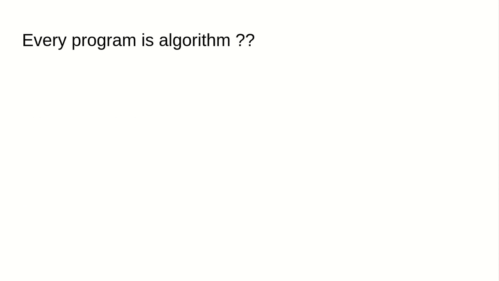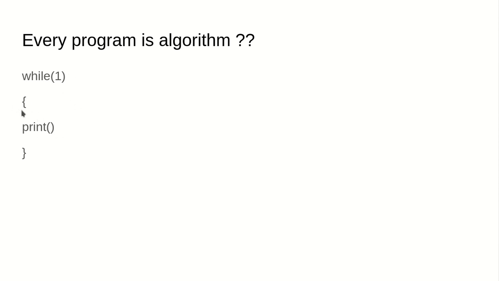Now, is every program an algorithm? Actually it's not true. Take this example: this is a program, but it's not an algorithm. Why? There is a combination, yes, only one statement.